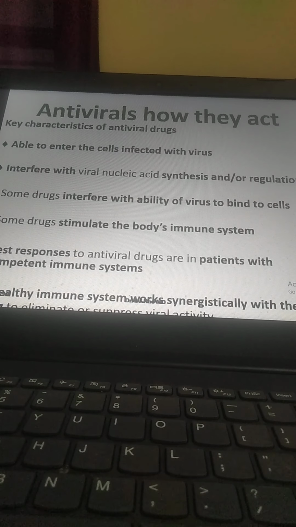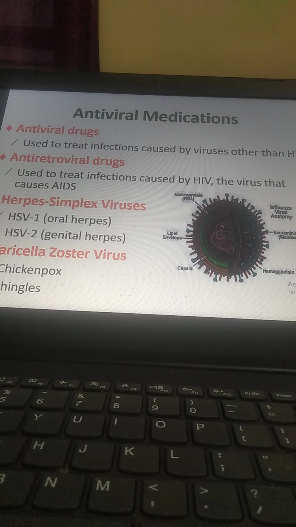A person with good immunity can come out of the infection, but in the case of the virus COVID-19, immunocompromised patients with comorbidities die, and this is how the virus shows havoc in the body.